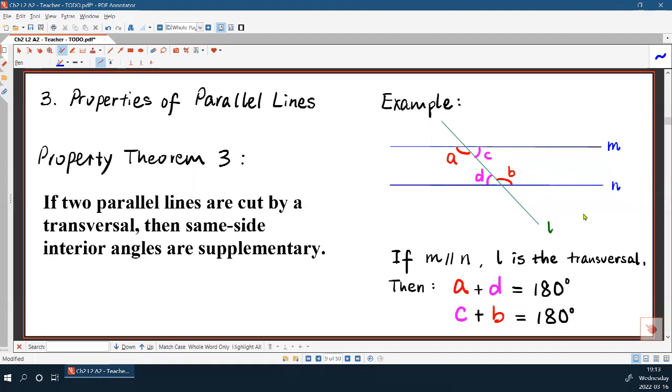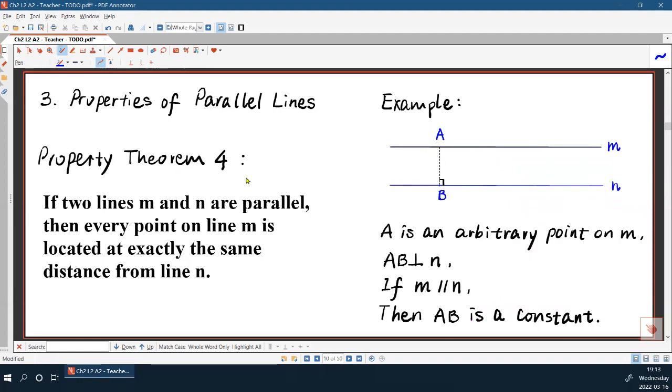Okay. All right. And the other property theorem states that if two lines M and N are parallel, then every point on line M is located at exactly the same distance from line N. For example, in this figure, we have two lines, M parallel to N. If we choose an arbitrary point on line M, for example, A here, and find the distance between M and N, that means AB is perpendicular to line N, right?